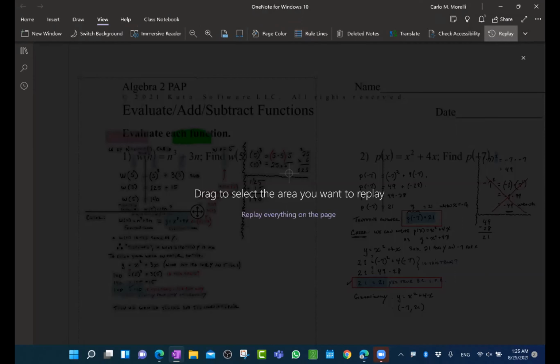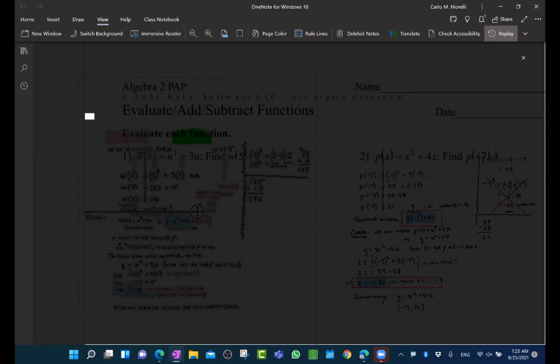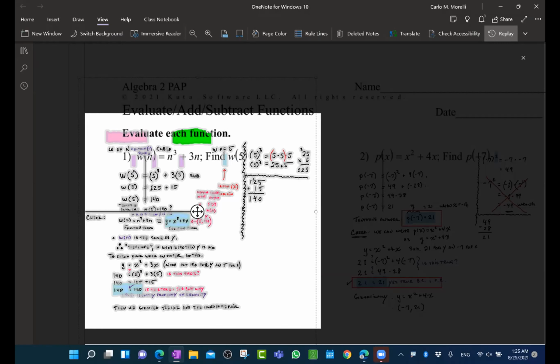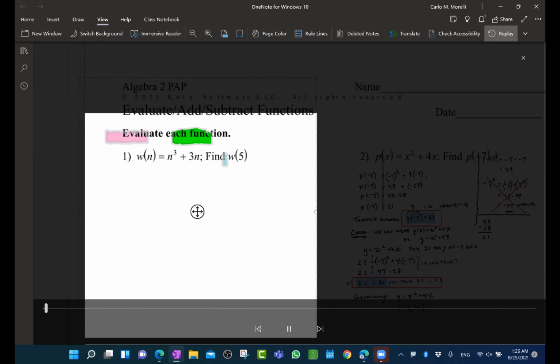Watch this. Okay. So I did it backwards. Now it's going to make me highlight the area that I want to replay. So let's say you want to watch me do this all over again. Watch this. It's basically playing back the whole thing. And that's one of the cool things about OneNote is that you can do the replay and actually see me redo the work.